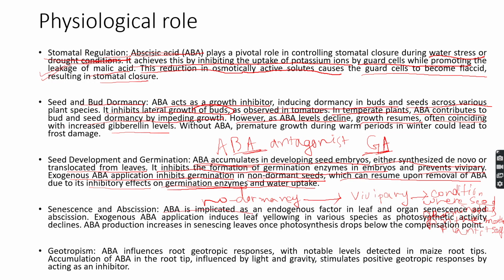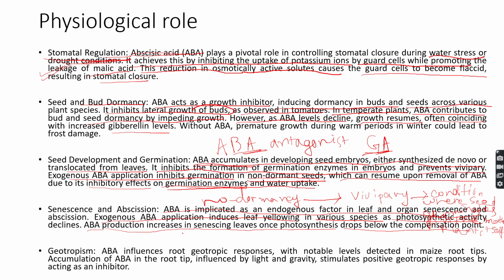ABA is implicated as an endogenous factor in leaf and other organ senescence and abscission. Exogenous ABA application induces leaf yellowing in various species. As photosynthetic activity declines, ABA production increases in senescing leaves once photosynthesis drops below the compensation point.